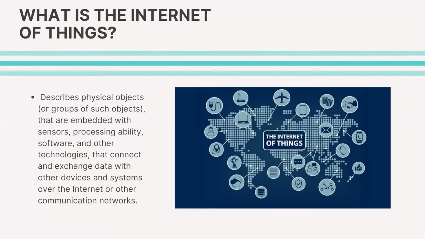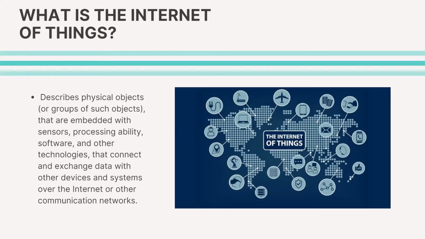Well, the Internet of Things describes physical objects or groups of such objects that are embedded with sensors, processing ability, software, and other technologies that connect and exchange data with other devices and systems over the Internet or other communication networks. The field has evolved due to the convergence of multiple technologies, including ubiquitous computing, commodity sensors, increasingly powerful embedded systems, and machine learning.